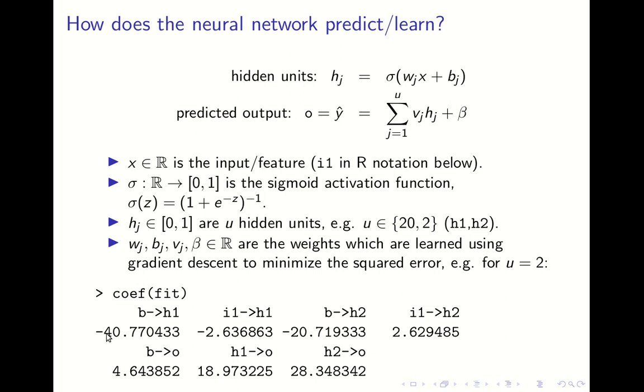So maybe -40 is not a good value for making good predictions, but the gradient will tell us, you should increase that value and you'll get a better prediction. And so that's what gradient descent is doing. It's repeatedly computing these gradients, which tell us which direction to change each of these in order to get better predictions.